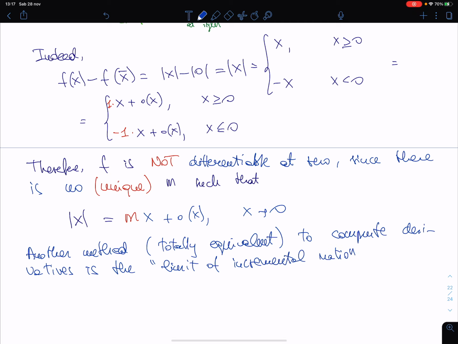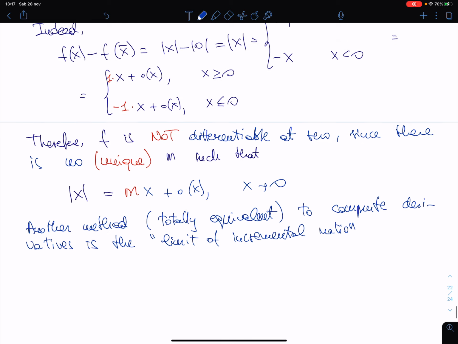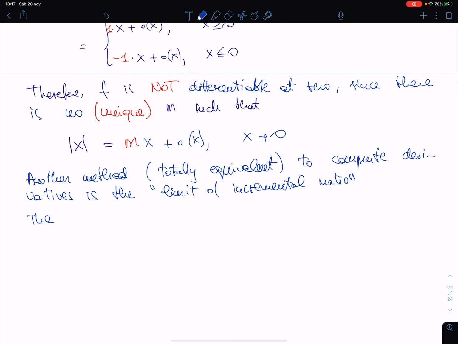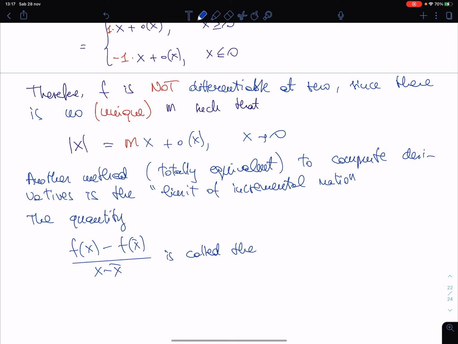Incremental ratio is nothing but the coefficient of the secant lines. So the quantity f of x minus f of x bar divided by x minus x bar is called the incremental ratio.